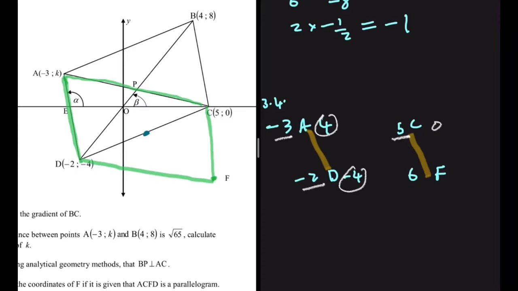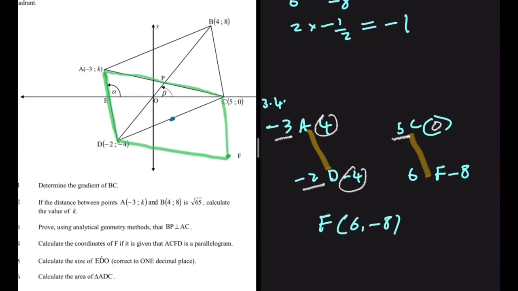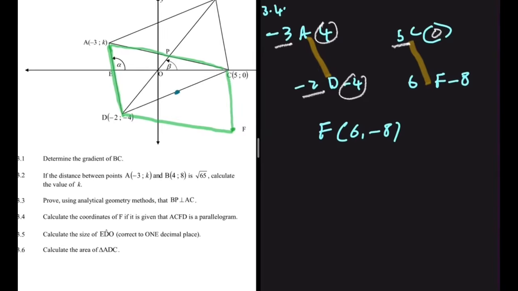So the way the y values of A and D differ should be the same way the y values of C and F differ. So that will be 0 minus 8, which is minus 8. So the coordinates of F are 6 and minus 8. Yeah, so you can do that instead of using the midpoint. All right, let's move to the following question.